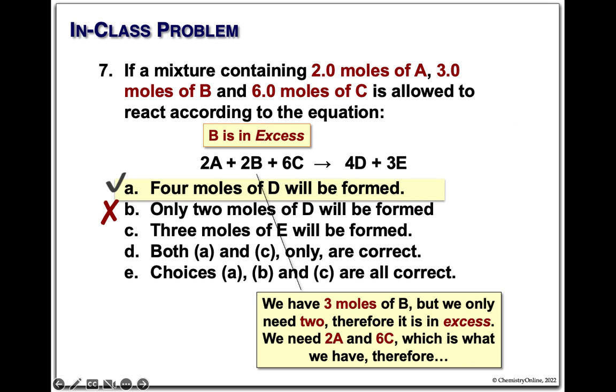Yeah, that sounds pretty good. So we have A and we have C. Correct answer is both. Think about it. We have excess B. Aside from that, we have everything else we need to do this reaction.